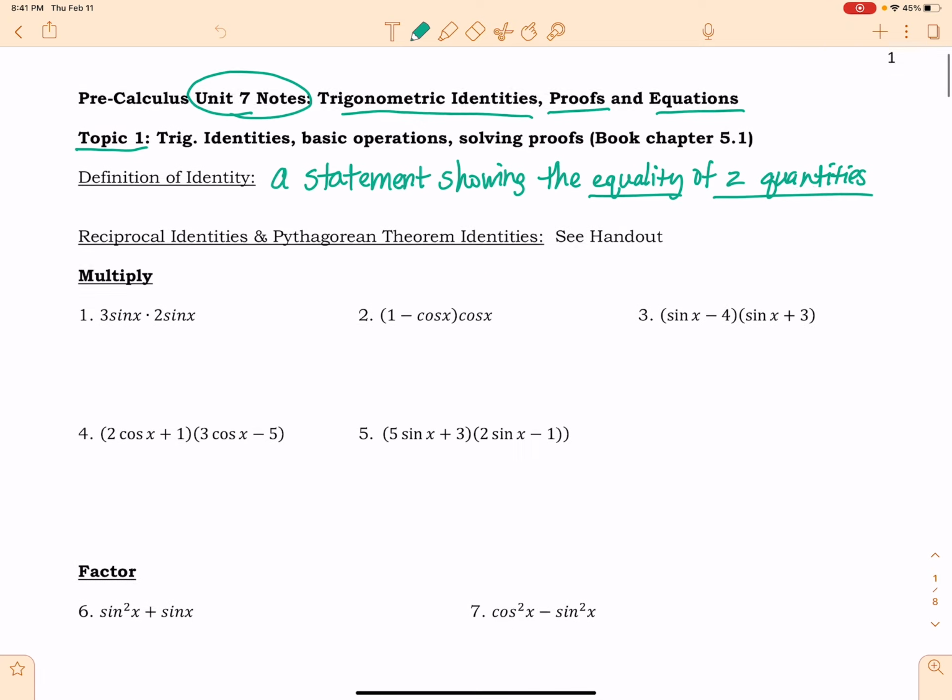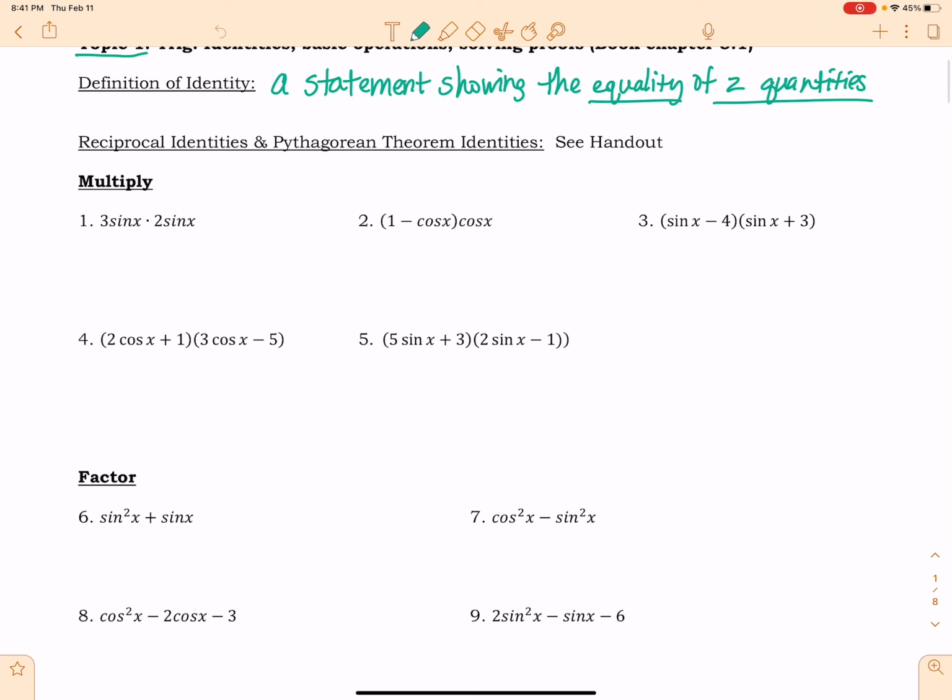All right, so the first thing we need to do is learn how to multiply and factor expressions with trig functions in them. Or not trig functions, but trig expressions. So if you'll notice in this very first example, we're going to multiply these.